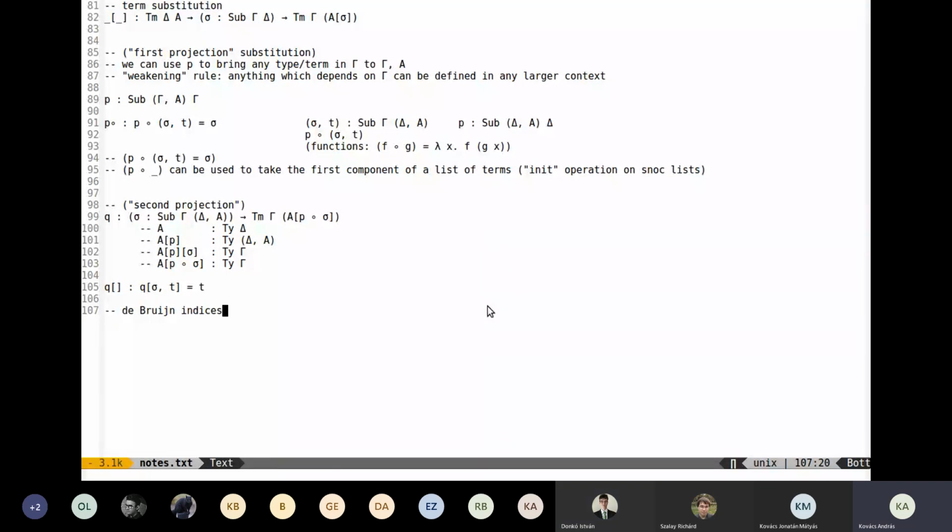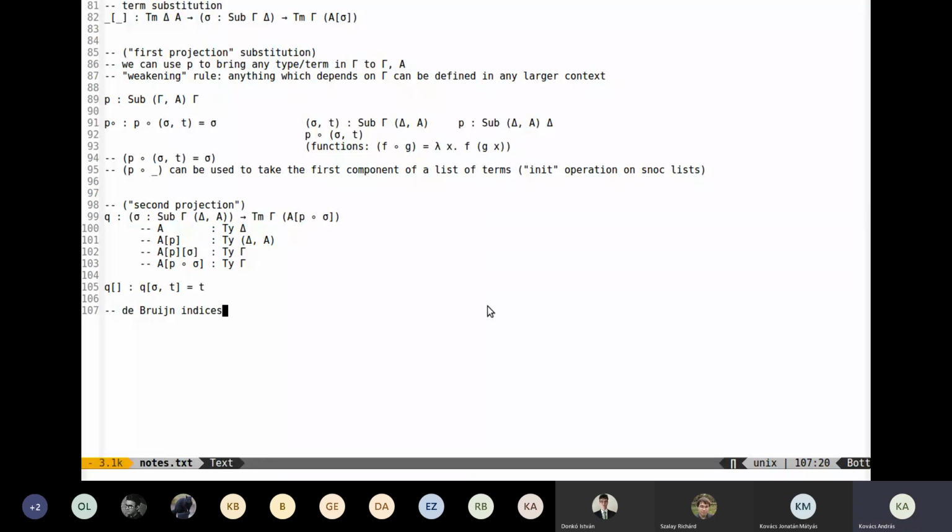Okay. So now we have P and Q. We can do these projections from substitutions using P and Q. But another question: can't one also use these function spaces as derivation rules?